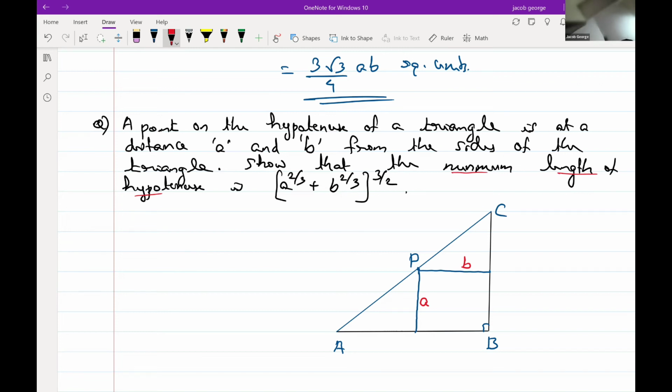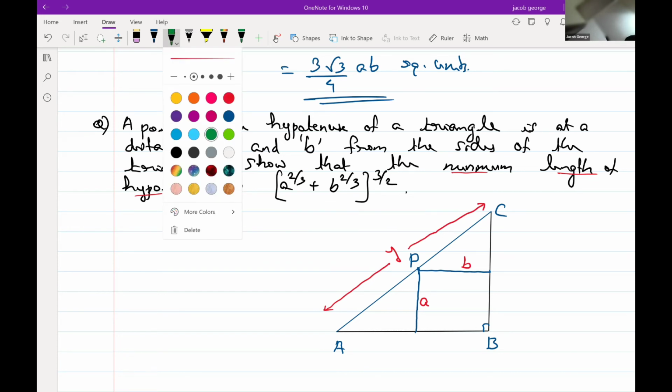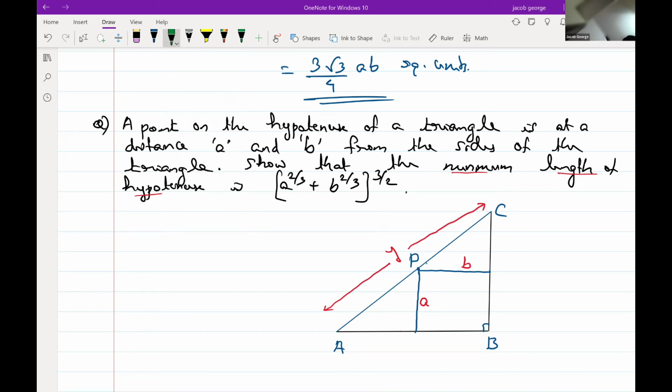So let y be the length of hypotenuse. So this total length, we take y. And one more important thing, we will take an angle theta to apply trigonometry. So let this angle be theta.